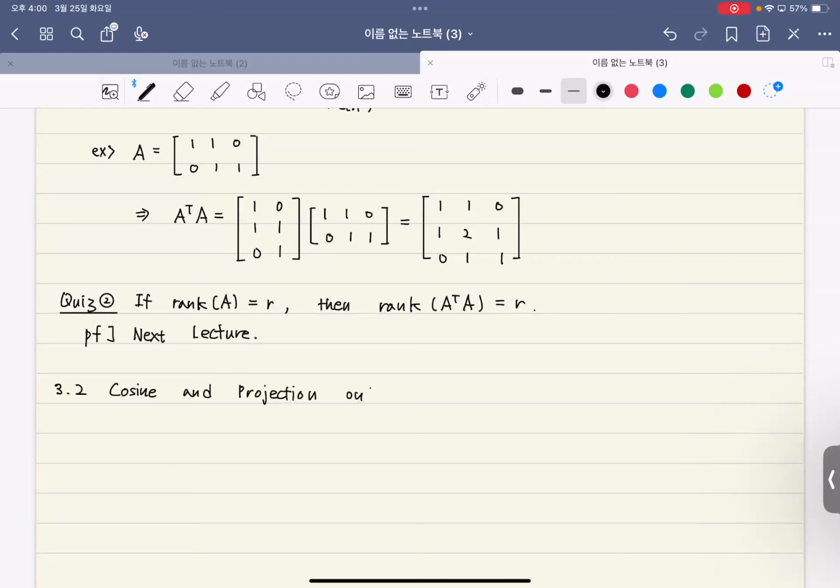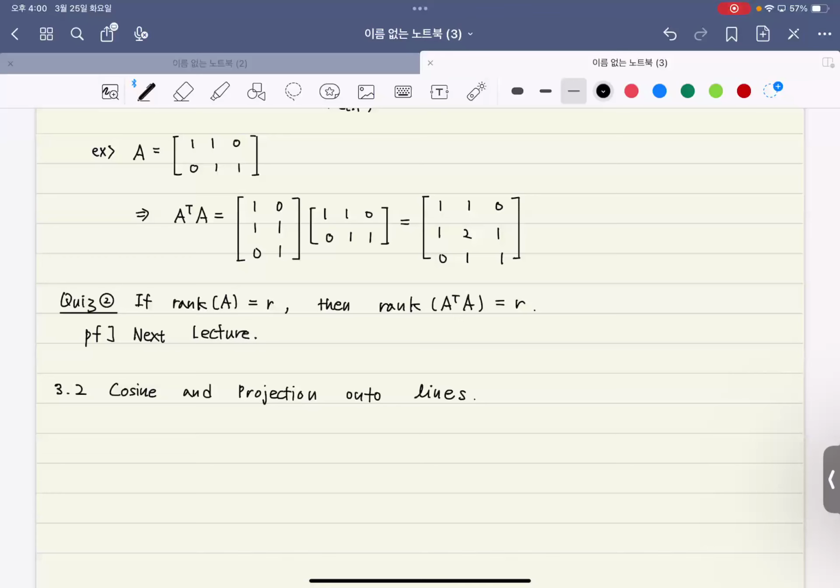In this section, we will be talking about projection. As a matter of fact, we have discussed projection earlier. We discussed the projection in 2 dimensions, the matrix representation of which was actually a rank 1 matrix.